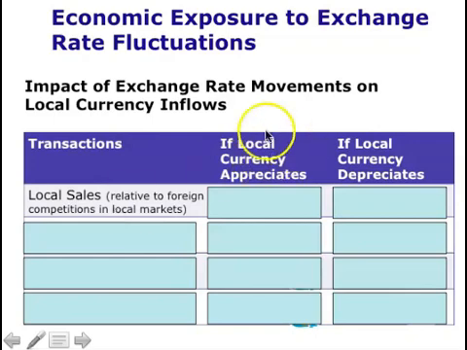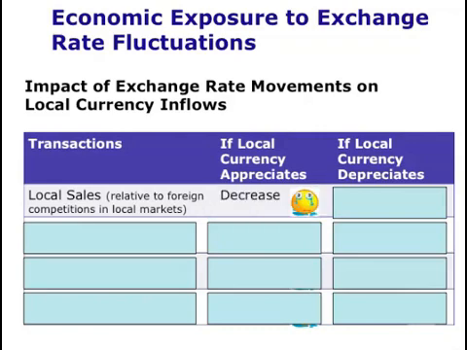Okay, so we look at this. If the local currency appreciates, what happens to local sales? Local sales in the firm's home currency are expected to decrease if the local currency appreciates. Do you know why?